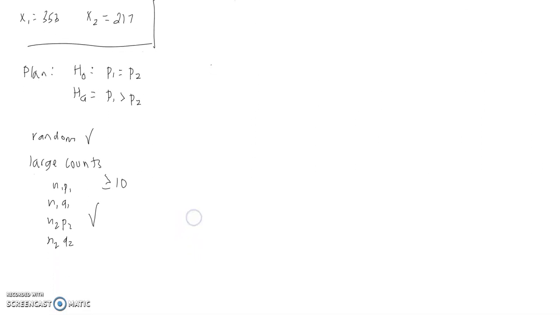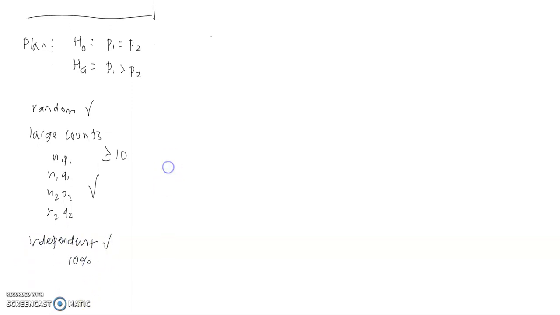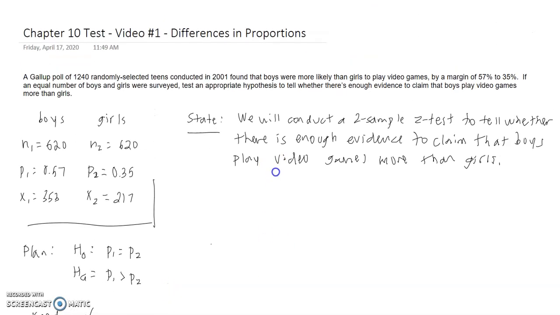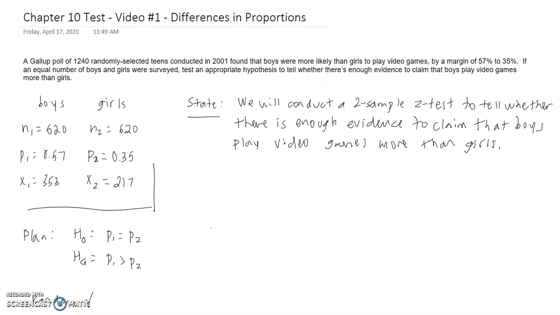And then our 10% rule, independence, that does check out, as there are clearly more than 12,400 teens. That is clear.